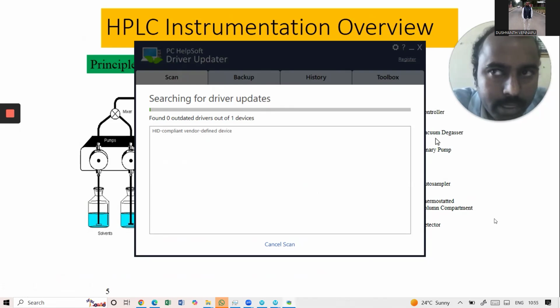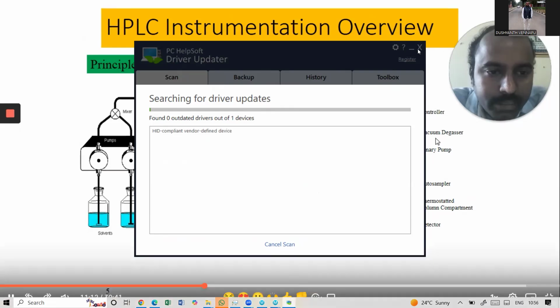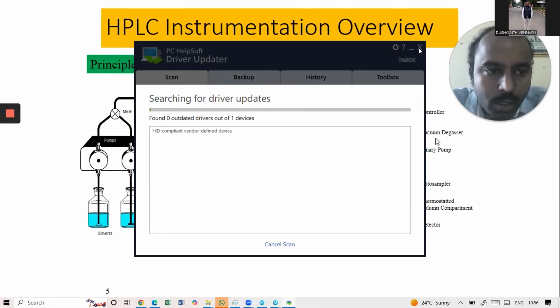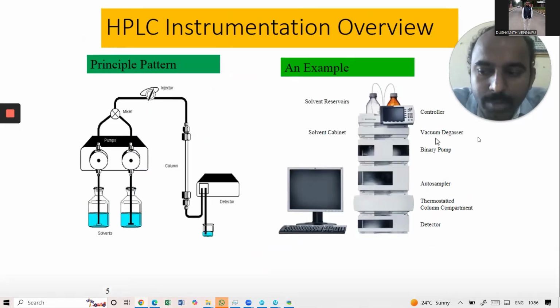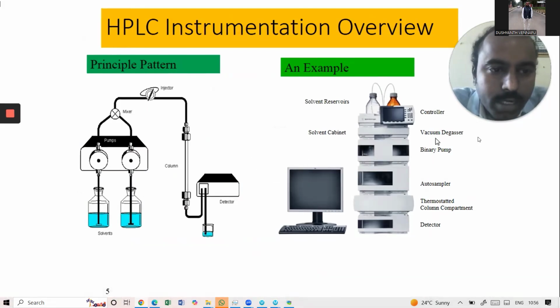By doing all these things, we are removing the dissolved gases from the system. When the dissolved gases are removed, the mobile phase will flow with uniformity throughout the system. So that is the fundamental information which you get from using a vacuum degasser.